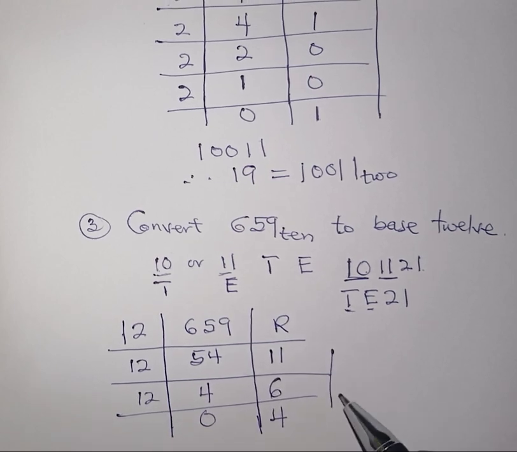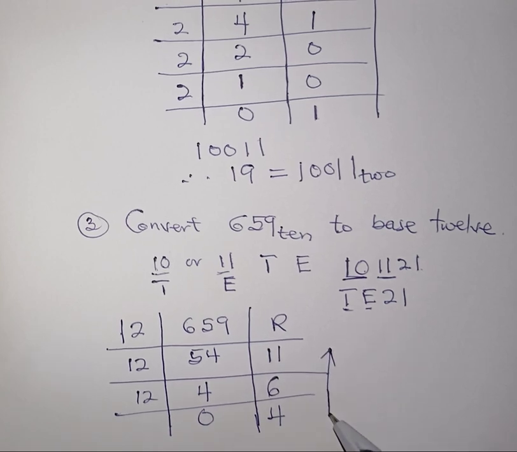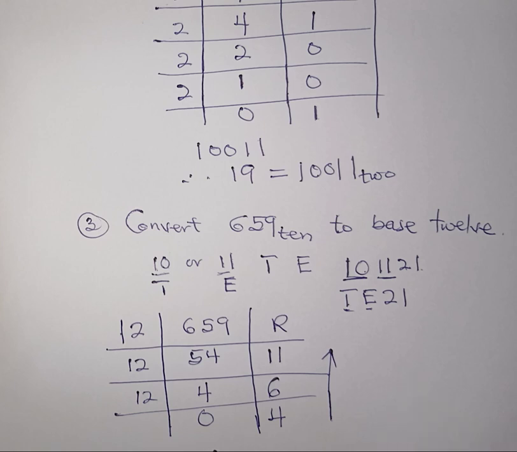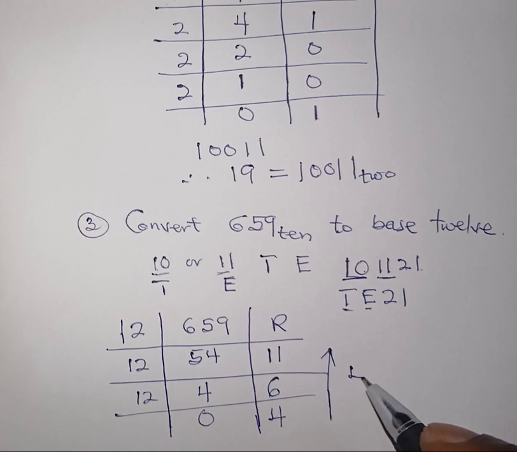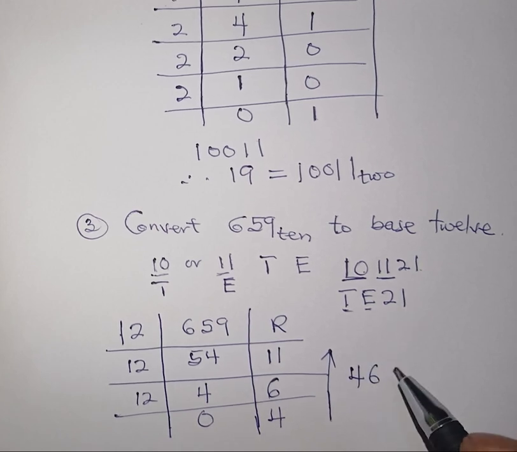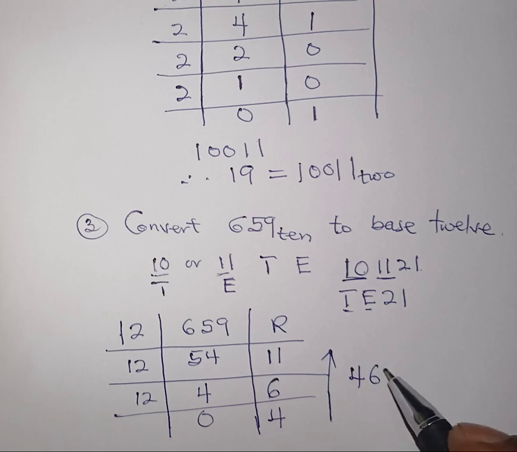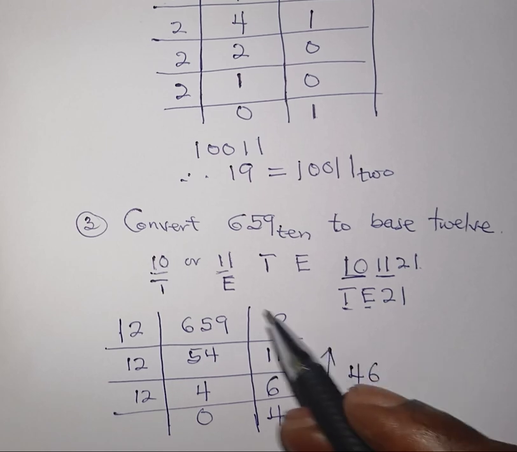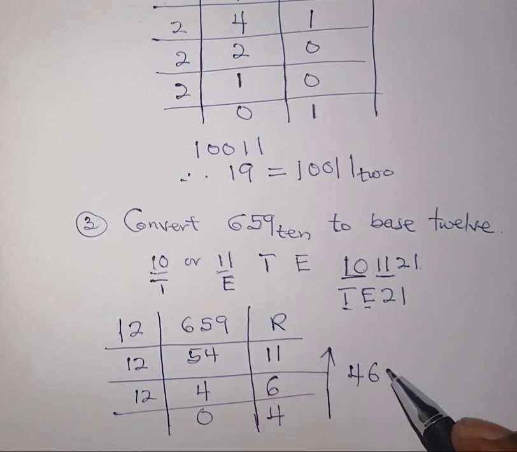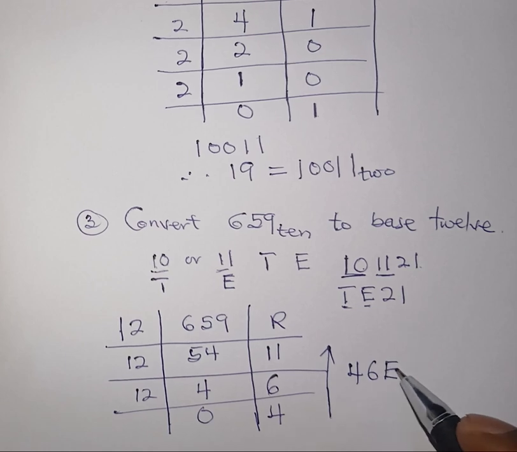Okay, then you bring your arrow here in this form, meaning that you are going to write from 4 upwards. So this is what I'm going to write. So the answer I'm writing is 4, 6. So you see that now we have 11 here, but it's not 11. So instead of writing 11, I will write the letter E to represent 11.